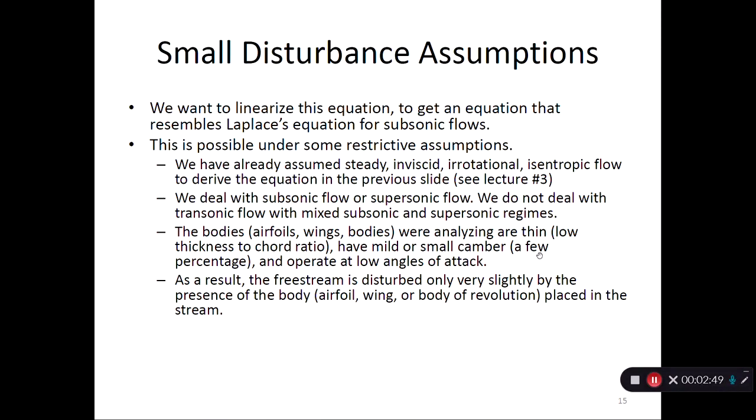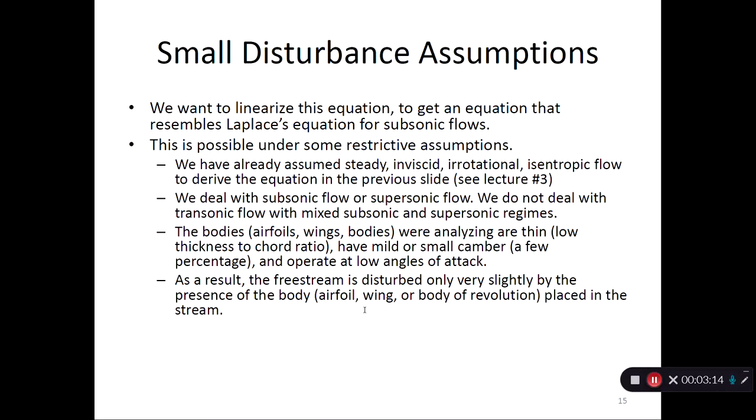We are going to assume that the body is very, very thin. It's got a very, very mild camber. It's operating at low angle of attack so that it disturbs the flow very, very slightly. So this is called a small disturbance assumption. The body is so thin, when you stick it in a flow, most of the flow is free stream.